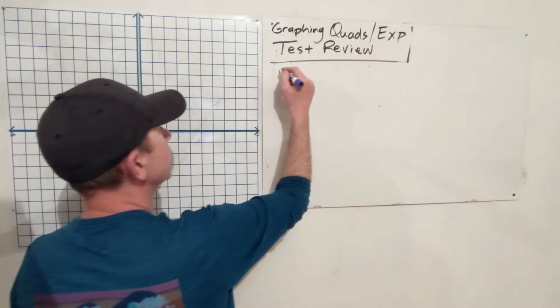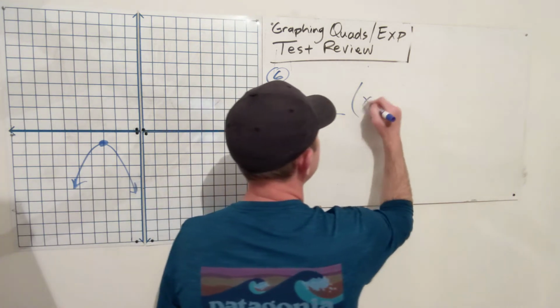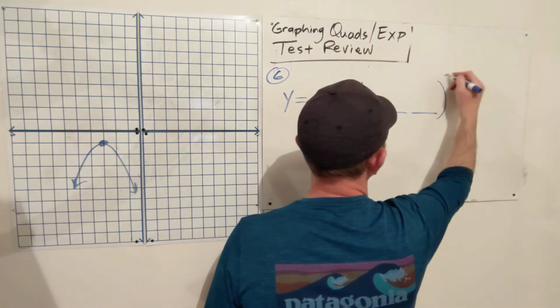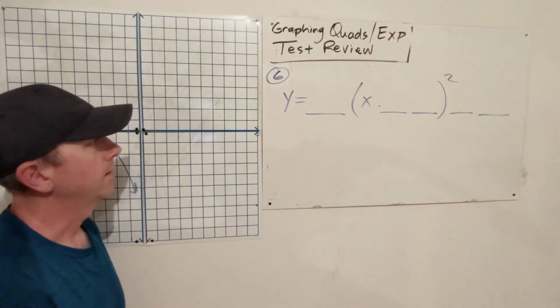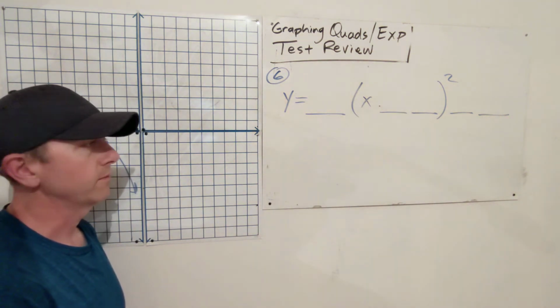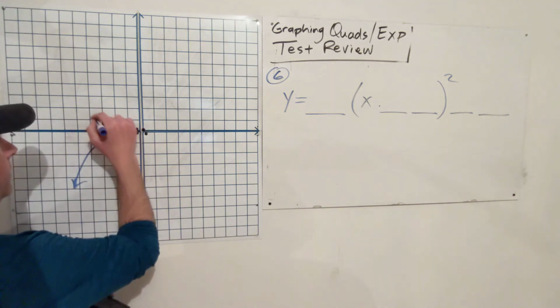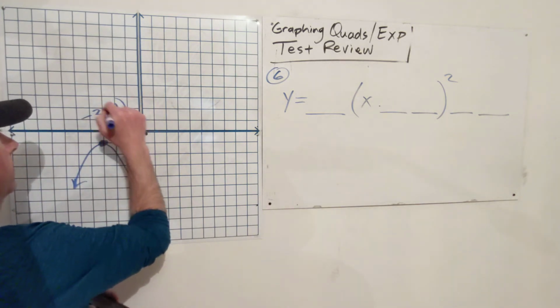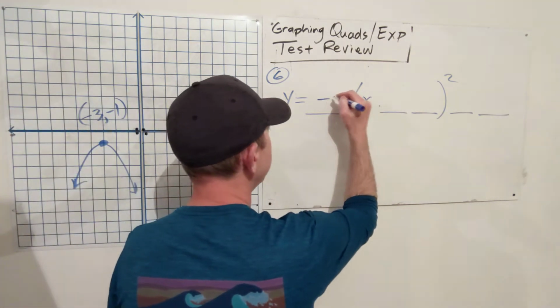But anyhow, for number 6, you have the fill in the blanks for this one as well. Blank, blank, squared. There you go. Because I'm already this far in, I won't go back with it. But anyways, the vertex is at the point -3, -1. And it definitely opens down. So that means here we're going to put a -1.